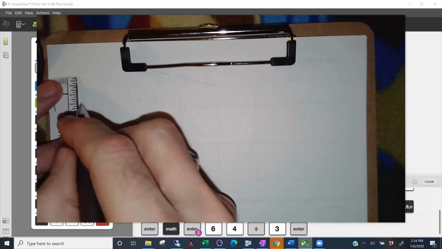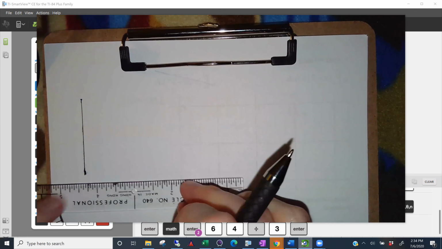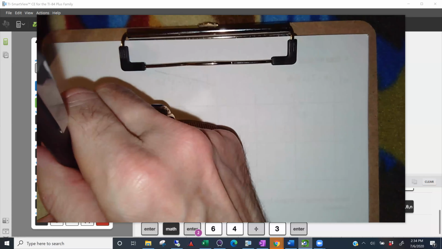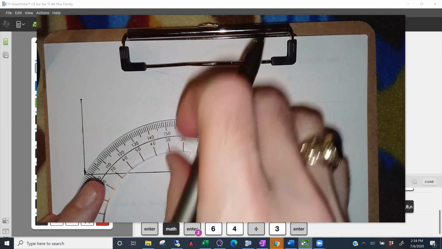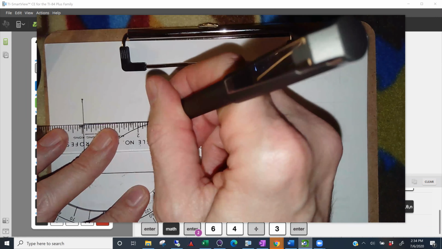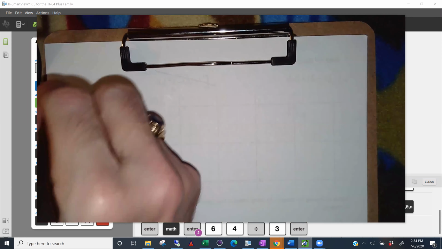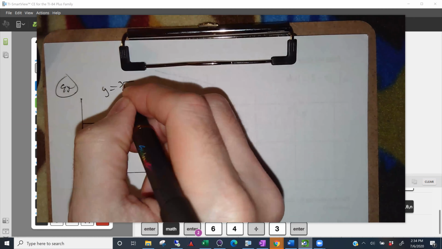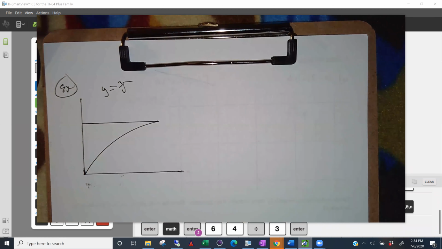Let's do that one again with a little bit of a twist. So let me draw our function. It's going to be y equals... no, excuse me, I was thinking of a different one. 2x equals y squared.